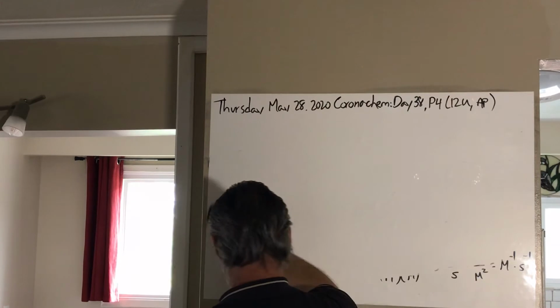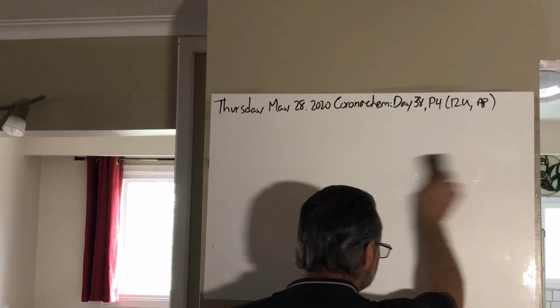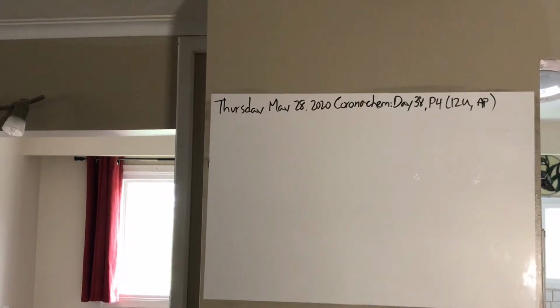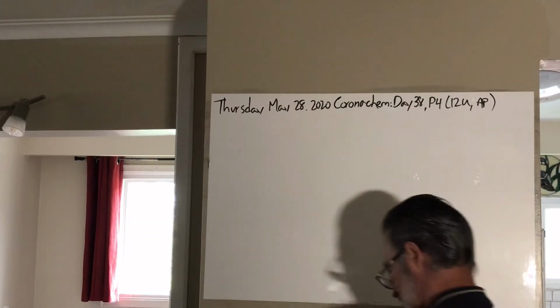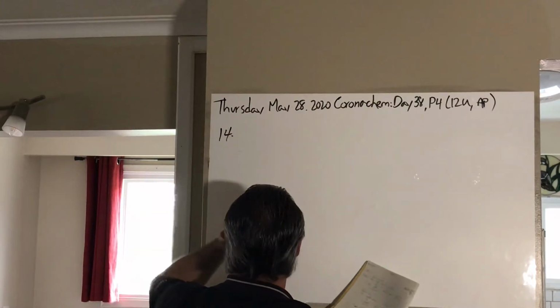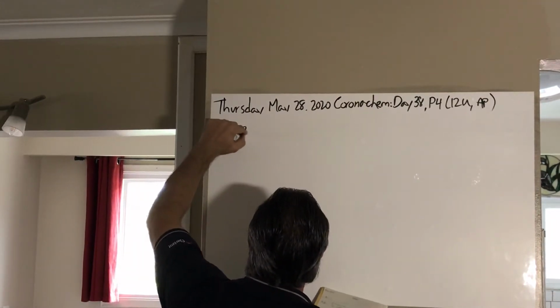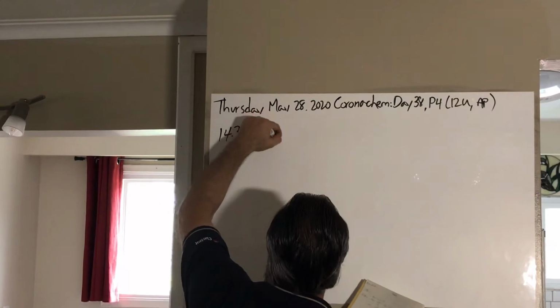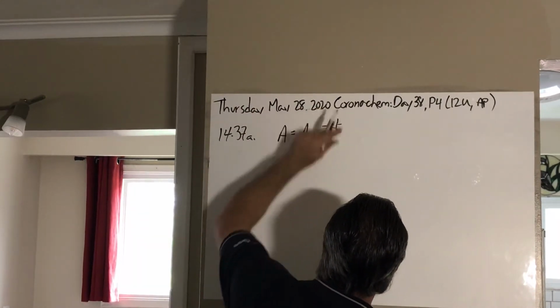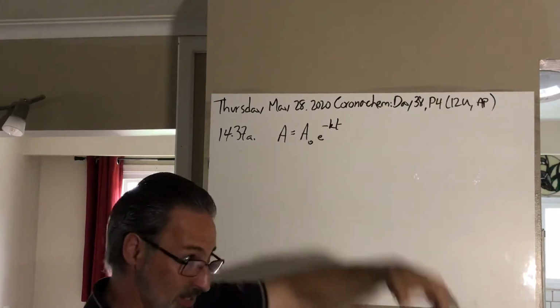And let me show you what that looks like. 1437. Part A, we're going to use A is equal to A naught e to the negative KT. Why did I put negative K? Because it's a decay.